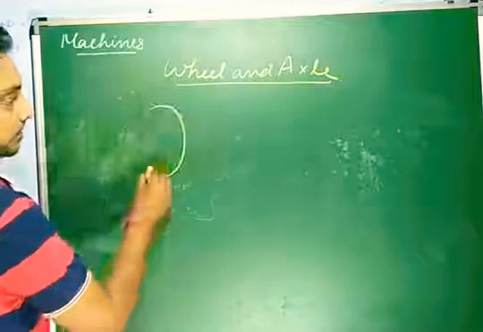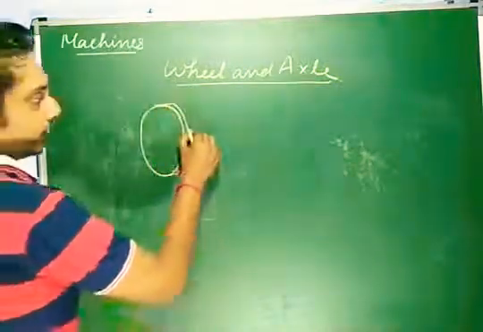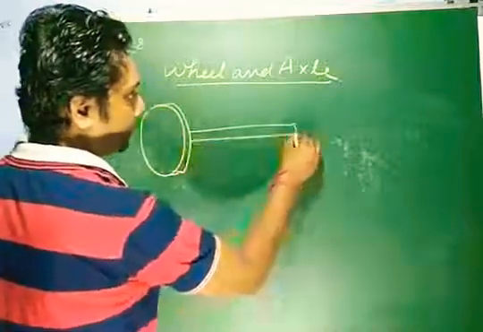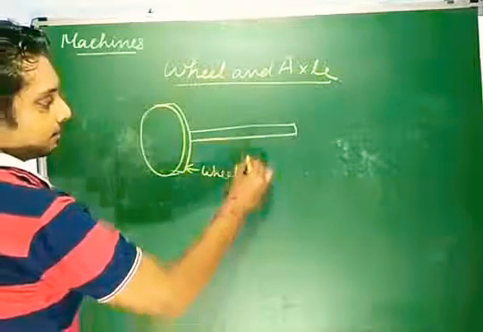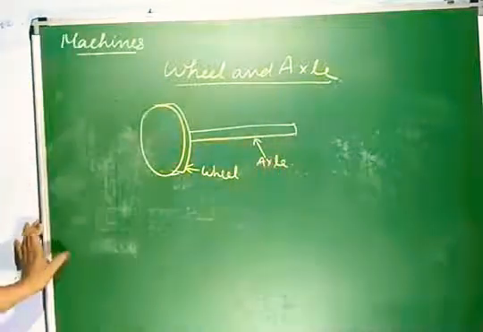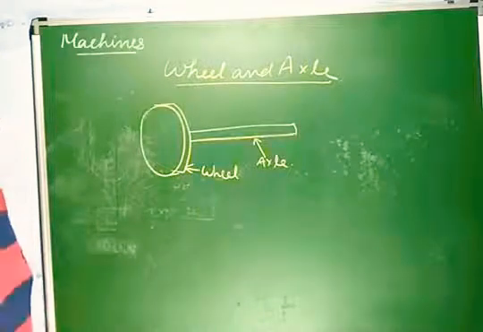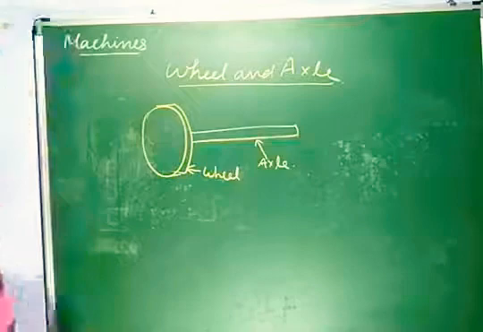Anything which looks like this, having a wheel like this and a rod coming out of it, is known as wheel and axle. This is called the wheel and this is called the axle. Okay, so how does it work as a simple machine? Let's try to understand it.